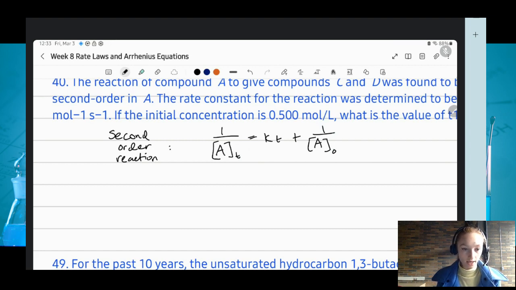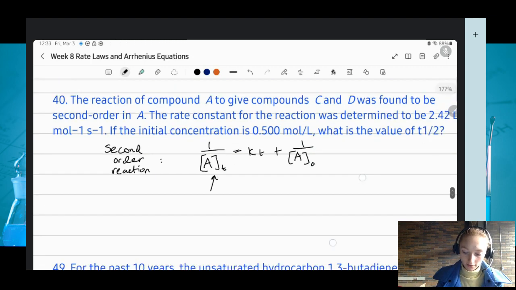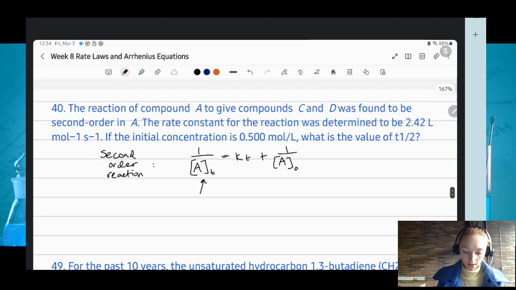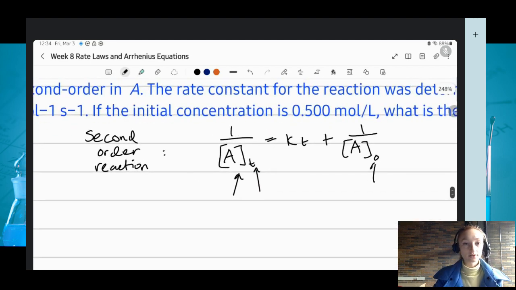And the A_t, in this case, is going to be the concentration at whatever specific time. So that's what this t means. It means a concentration at any specific time. And the A naught here is the concentration at the initial start.